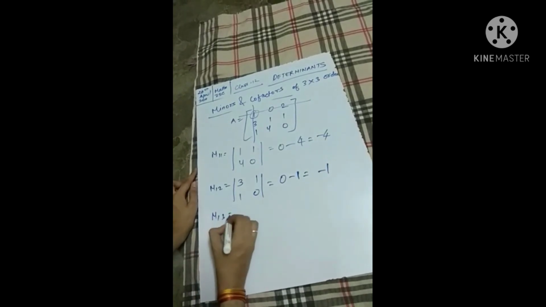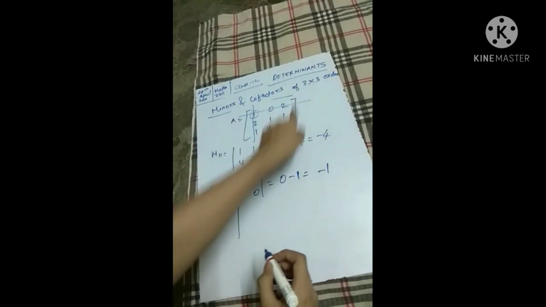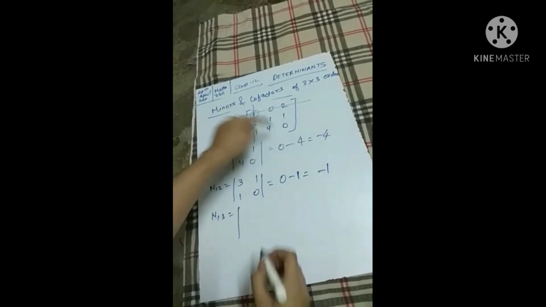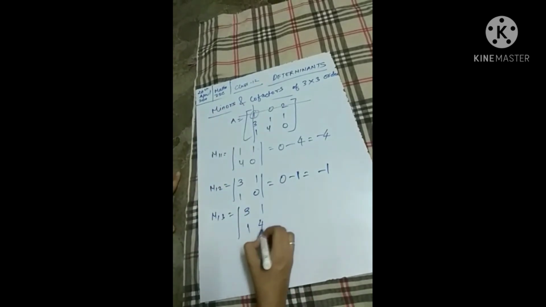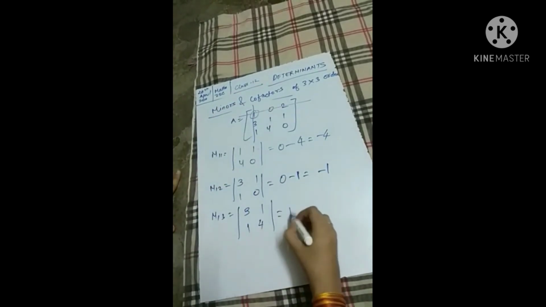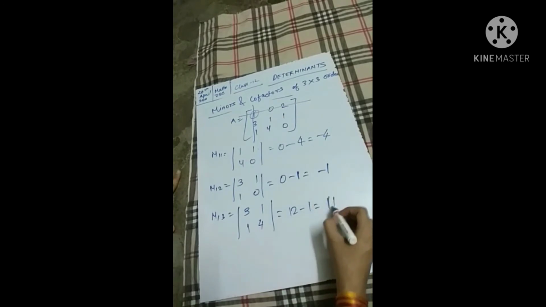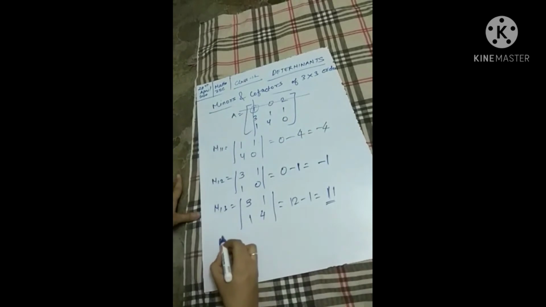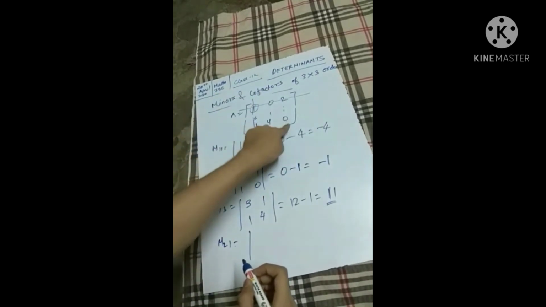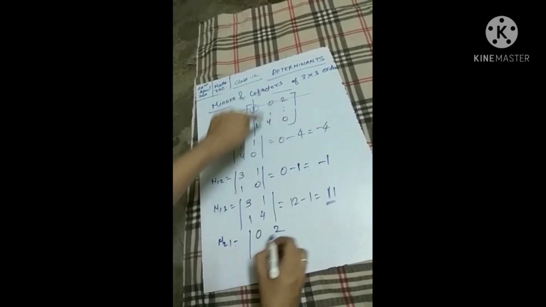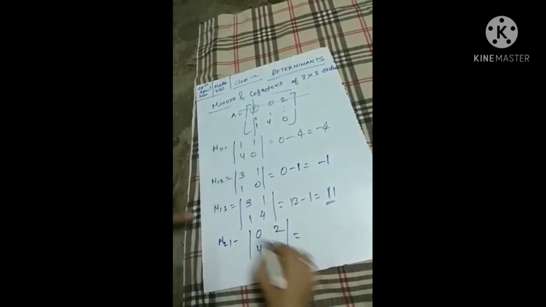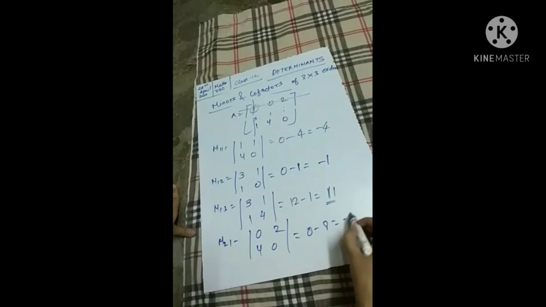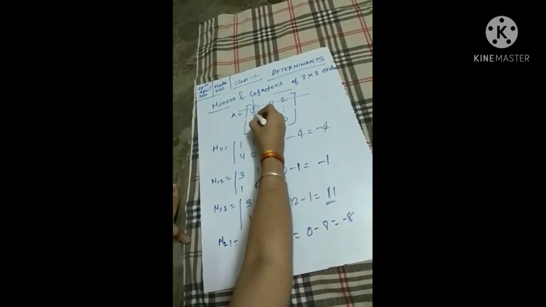Similarly, m13 is equal to, skip this row, 3 1 1 4. So 3 1 1 4. 3 4s are 12, minus 1, you'll get 11 as the answer. Similarly, go for this one. This is m21. Skip this row, 0 0 2 4. 0 zeros are 0, 4 twos are 8, minus 8.